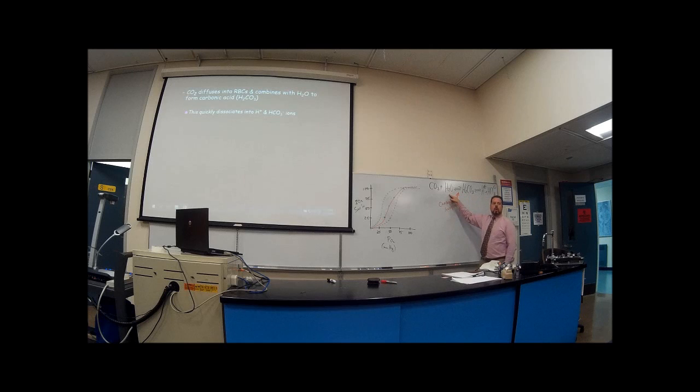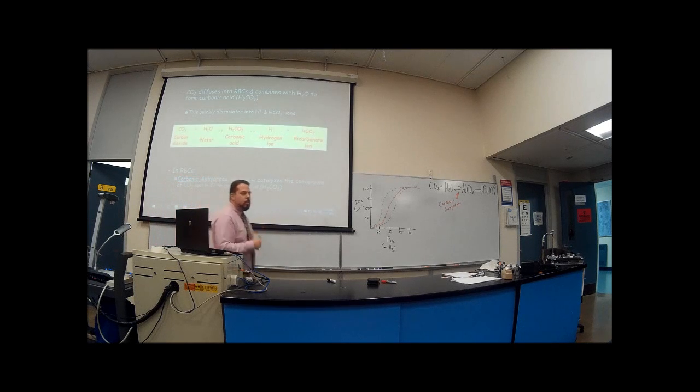CO2 combines with water, immediately turns into carbonic acid, which is only an intermediate that stays there for a very short time. We're talking about milliseconds. And it will quickly turn into hydrogen ions and bicarbonate ions. Okay? So our red blood cells, where this occurs, contain carbonic anhydrase, and it reversibly does it. So that reaction is the same thing up here.